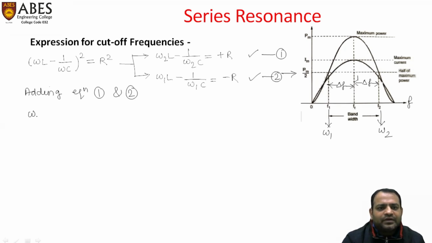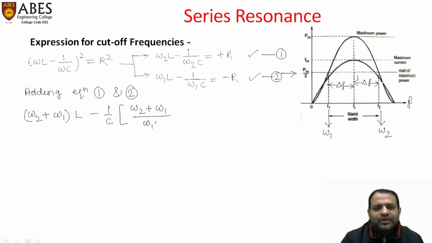So omega 2 plus omega 1 into L, minus 1 upon C into omega 2 plus omega 1 upon omega 1 omega 2, is equal to 0, plus R and minus R, which is 0. Now taking omega 2 plus omega 1 common, L is common.